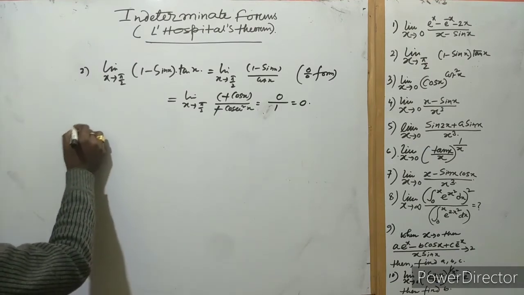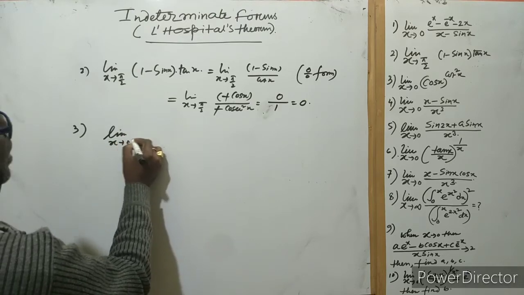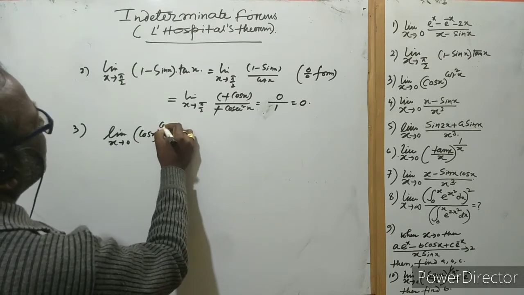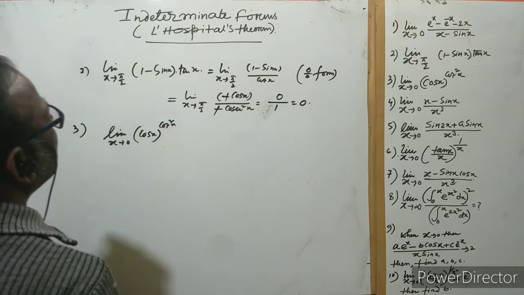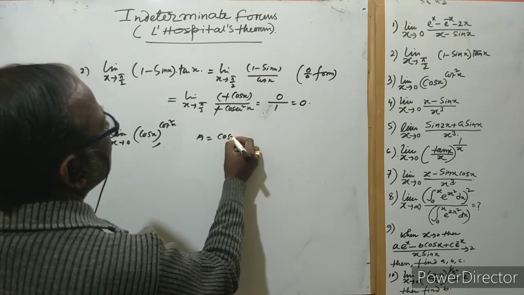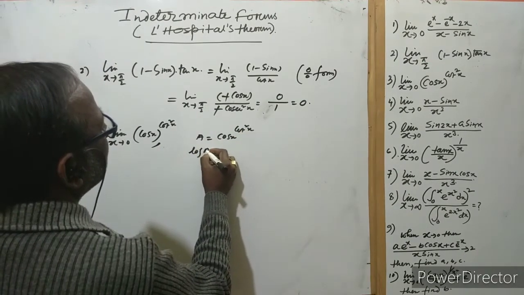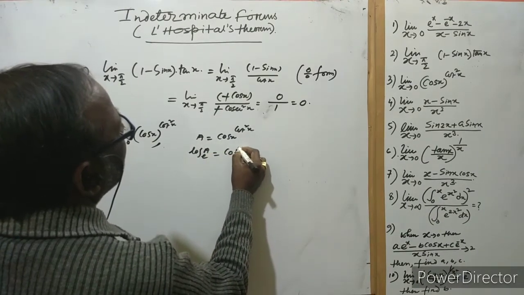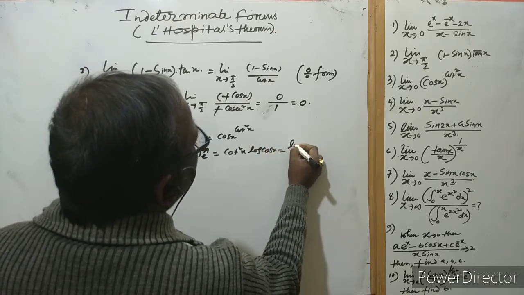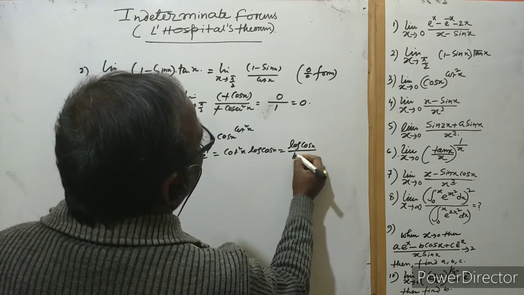Now the third limit. In some videos I have said that if the function has a variable in the power, for differentiating we take log on both sides. Let us assume this is a, which is cos x to the power cot square x. Taking log to the base e, we get cot square x log cos x, which is log cos x by tan square x.